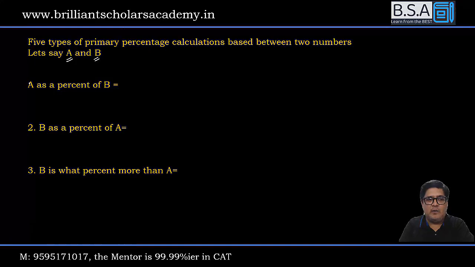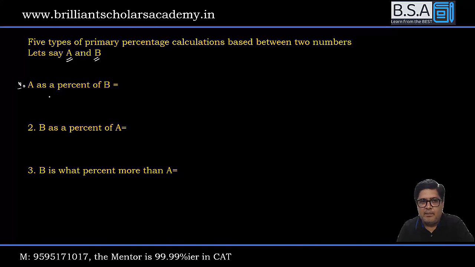They might ask you A as a percentage of B, or B as a percentage of A, or B is how many percent or what percent more than A. You might be asked these percentage values.